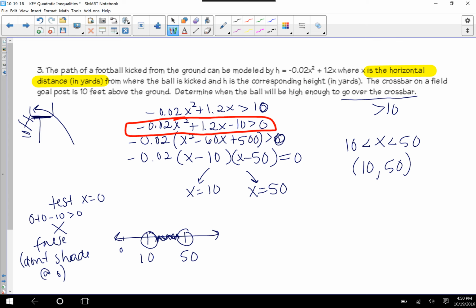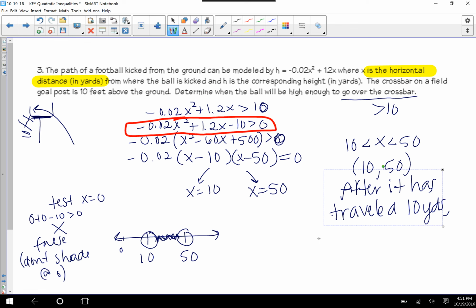So we would say the ball will be above 10 feet after it has traveled 10 yards, but before it goes 50 yards.